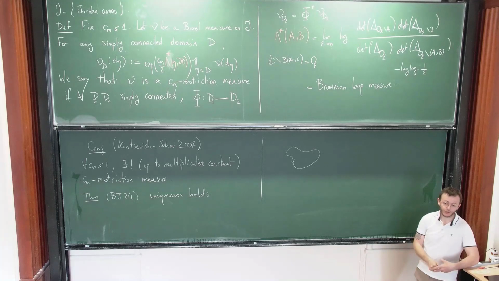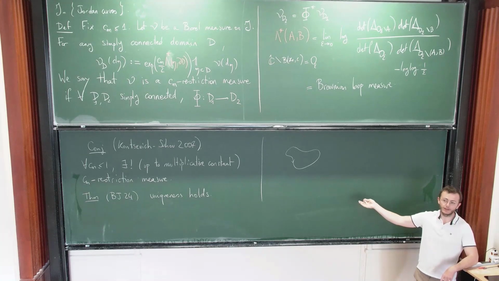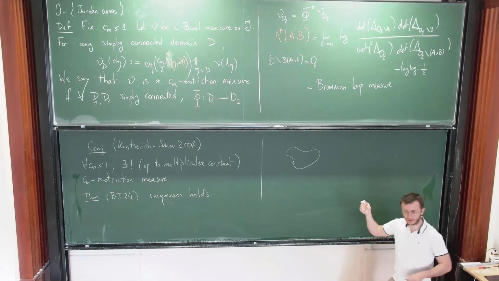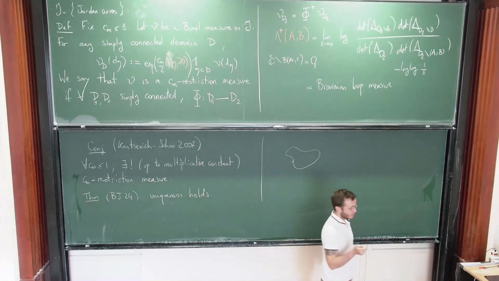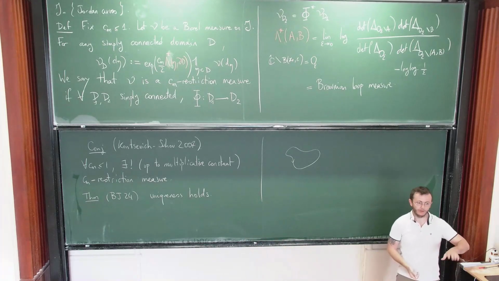Another direct application would be the duality between kappa and 16 over kappa for SLE. Because you can take the SLE loop measure, it turns out that it also makes sense for larger values of kappa. So you can take a kappa between 4 and 8 and look at the boundary of some special component.